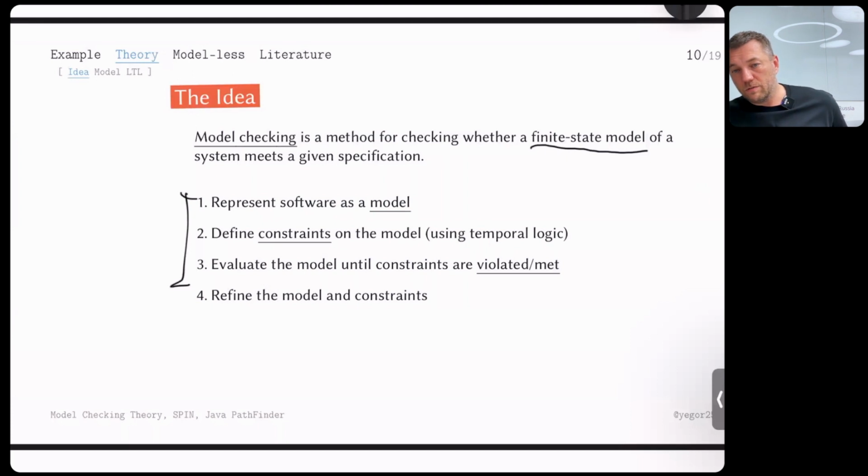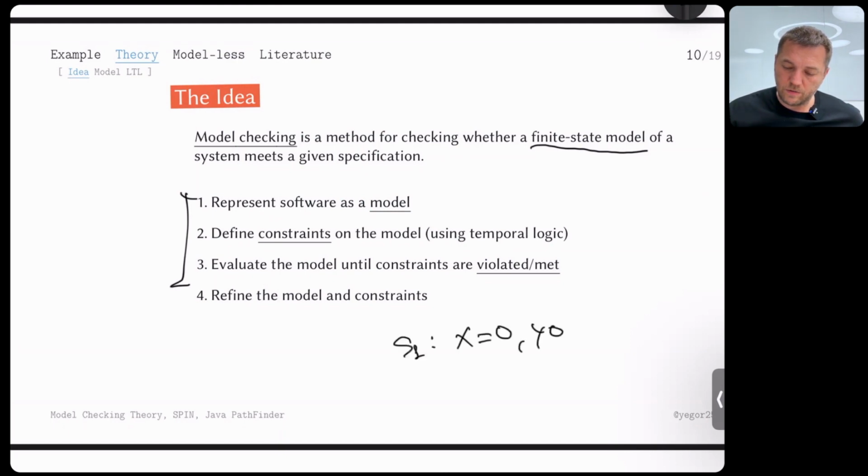So this is, for example, state number 1: x is 0, y is 0. State number 2: x is 1, y is 0. State number 3: x is 2, y is 0.